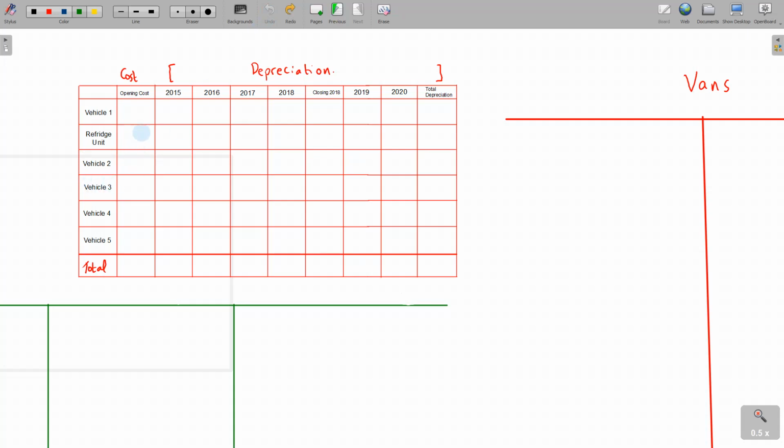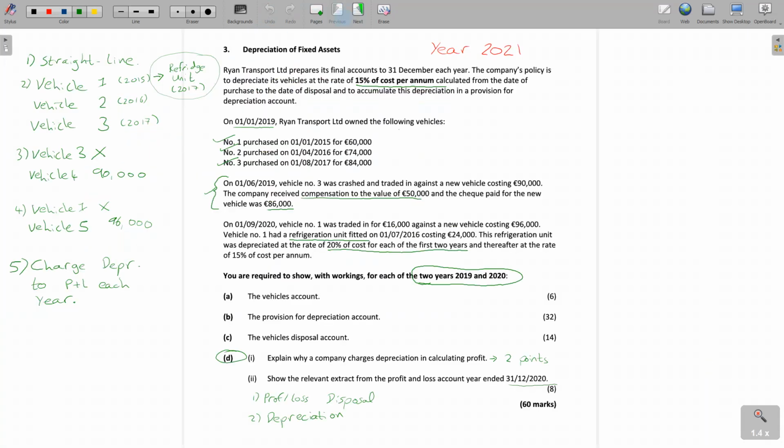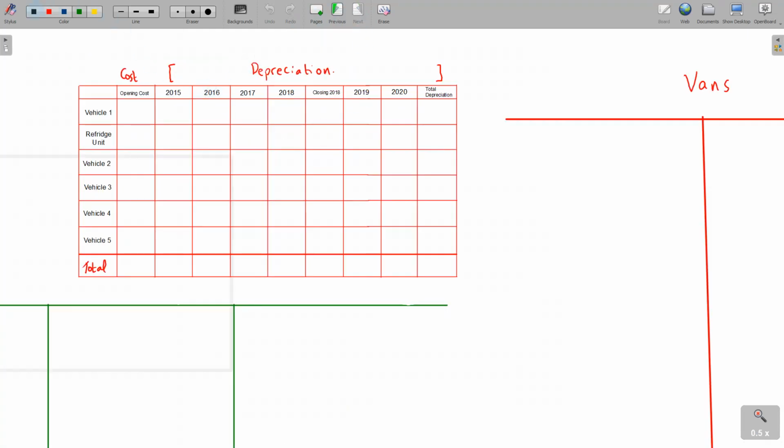So we can put in all our costs there now. 60,000, 74,000 and 84,000.